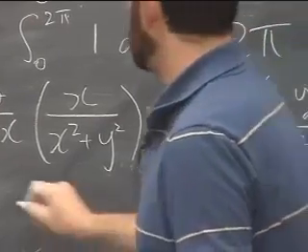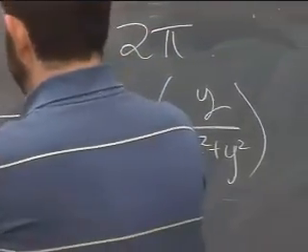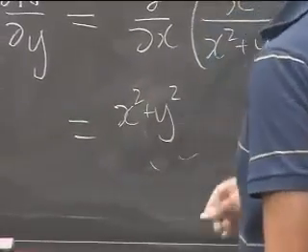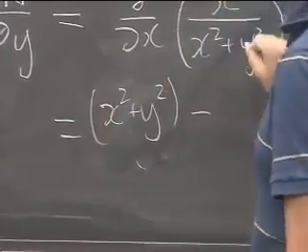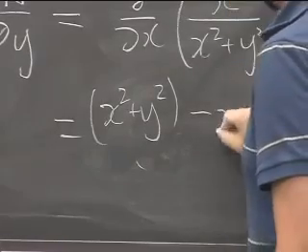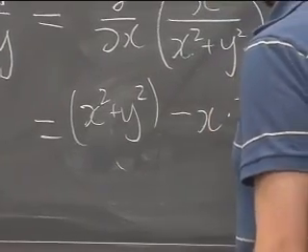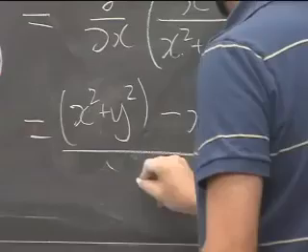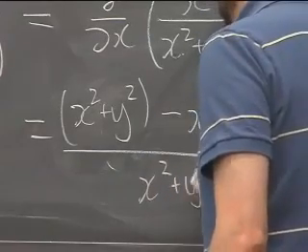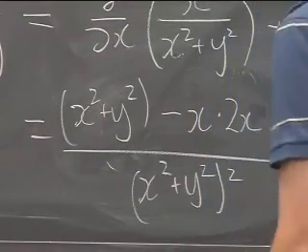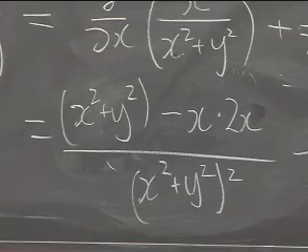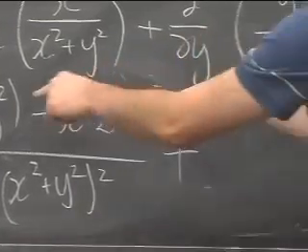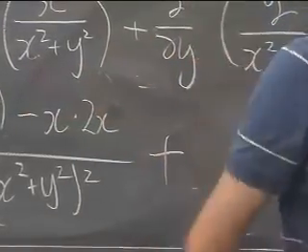And then we have to differentiate y over x squared plus y squared. So you use the quotient rule here. You get x squared plus y squared times the derivative of x, which is 1, minus x times the derivative of x squared plus y squared, which is 2x, all over x squared plus y squared, all squared. And then you do the same thing for y, but the beauty of the y is that you don't have to redo it because everything is symmetric.